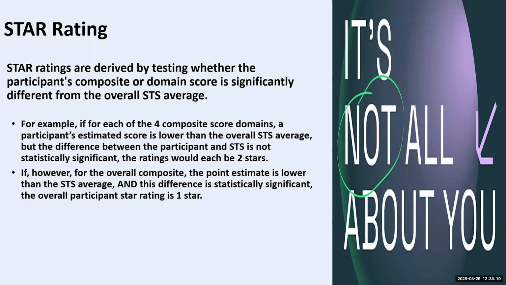For example, if for each of the 4 composite score domains, the participant's estimated score is lower than the overall STS average, but the difference is not statistically significant, the rating is going to be 2 stars. If, however, the overall composite point estimate is lower than the STS average, and this difference is significant, the overall participant star rating is 1.